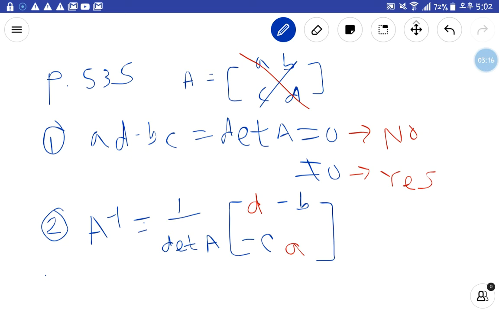What is a square matrix? That's a 2 by 2, 3 by 3, 4 by 4, where they have the same number of rows and columns. This is how the book introduces finding the determinant of a 3 by 3 matrix, but that looks really complicated, right? So I'm going to introduce an easier way you can follow.